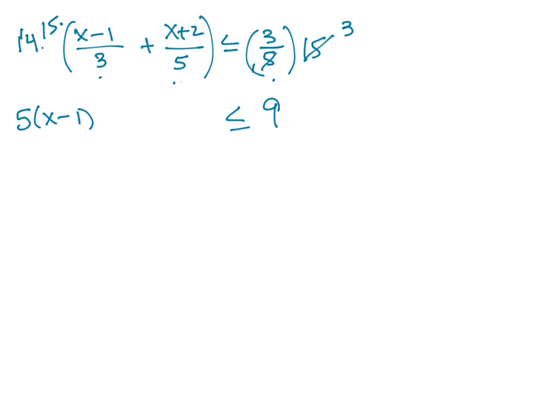If I multiply the second term by 15, what's left? A 3 times an x plus 2. And we've gotten rid of all of the fractions. Good?